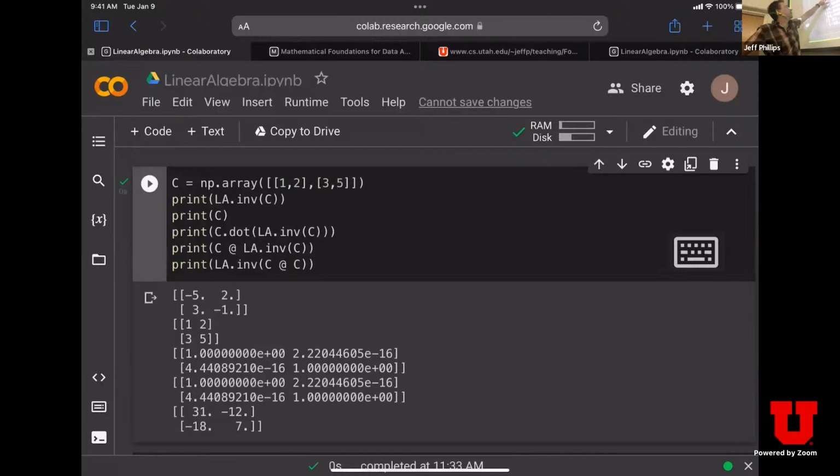I have a matrix C, 1, 2, 3, 5. Computing the inverse, I get -5, 2, 3, and -1. If I do C times its inverse, I should get back the identity matrix, but I don't get that exactly here. The upper left corner is supposed to be 1, 0, 0, 1.